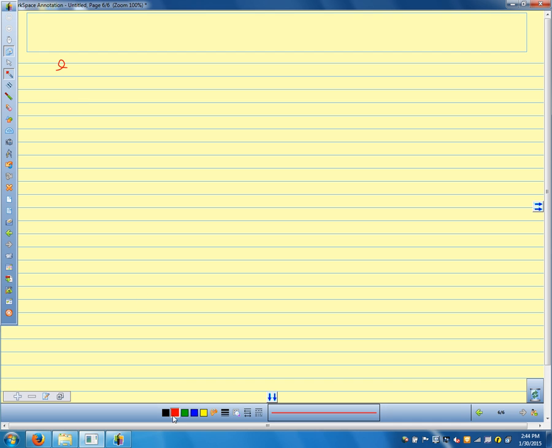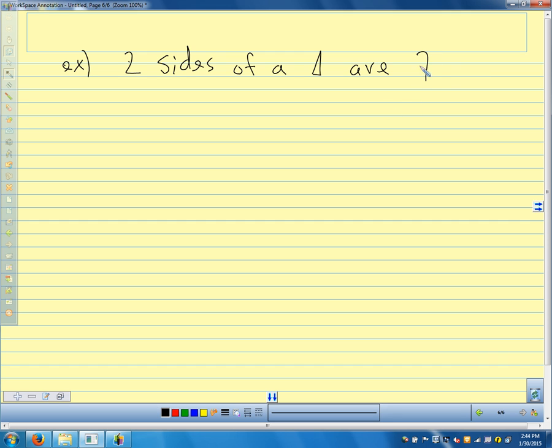All right, so for this one, we're going to say two sides of a triangle are 7 and 9. What are the possible lengths for this third side?